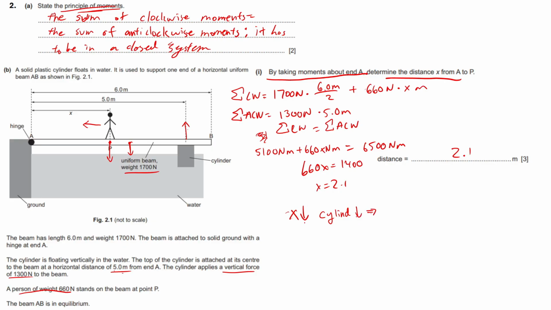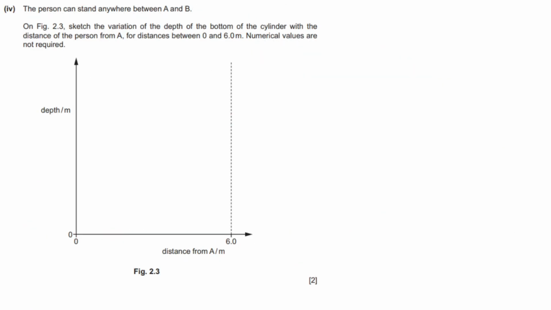Since the force on the cylinder decreases, we know that the depth of the cylinder will also decrease since there's less upthrust, right? So essentially that is the idea. On the contrary, if x increases, the upthrust will also increase, and thus the depth will also increase because of more force.